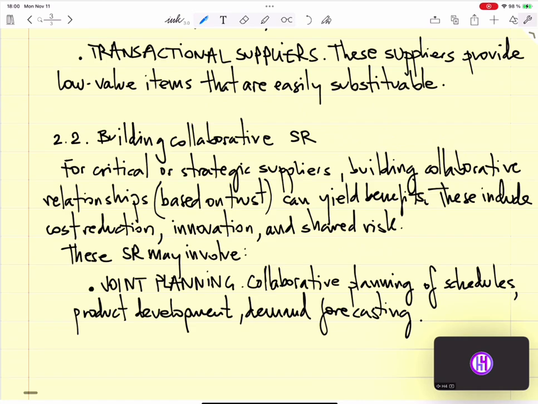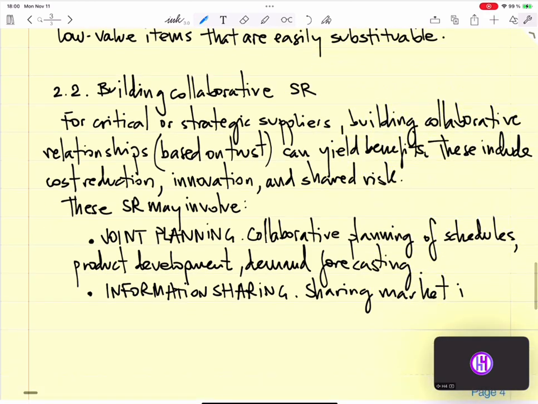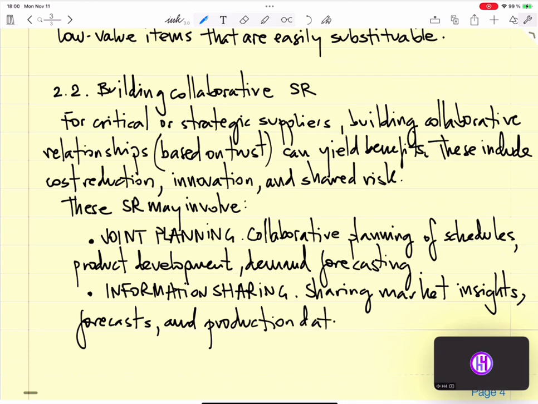You share information. Sharing market insights, forecasts, and production data fosters transparency and alignment.